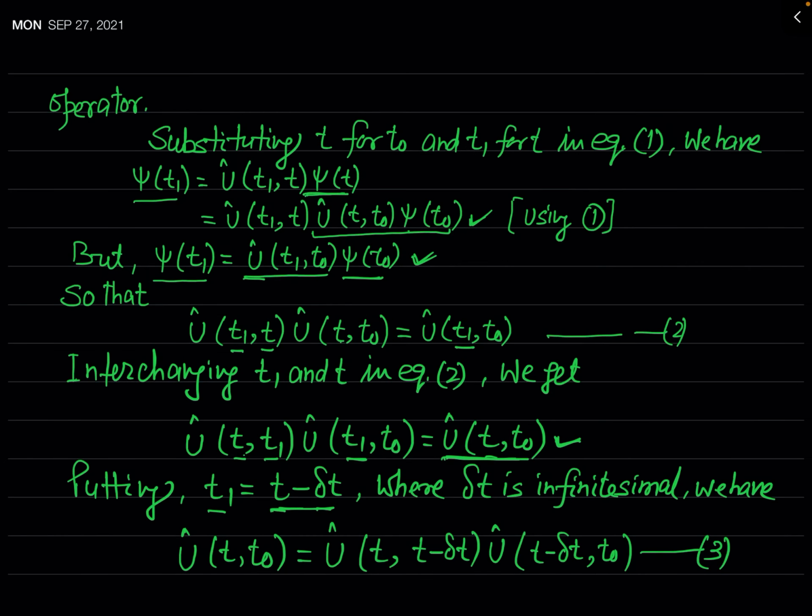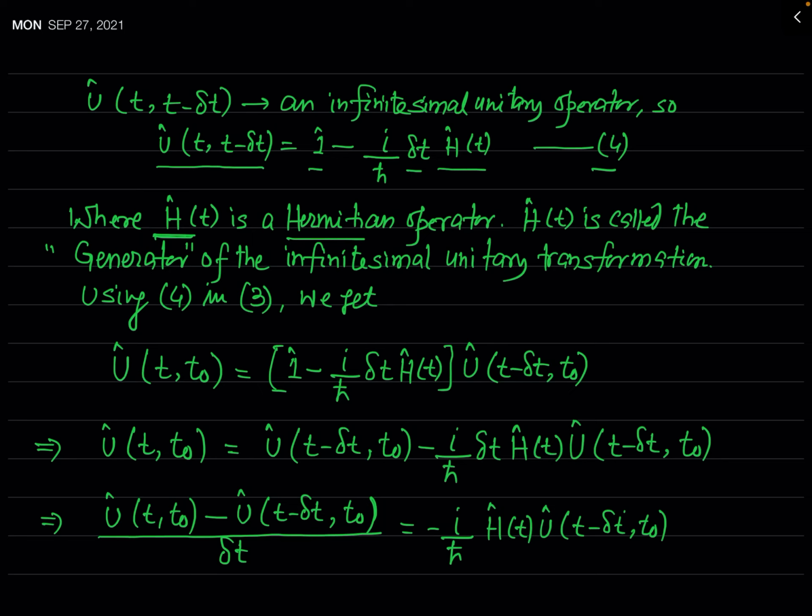You can see here, equation number 3. In fact, U hat(t, t naught) is equal to U(t, t minus delta t) times this much. But U(t, t minus delta t) you have defined here in equation 4.